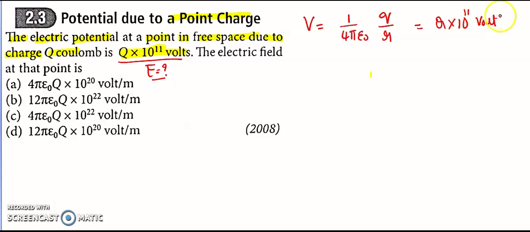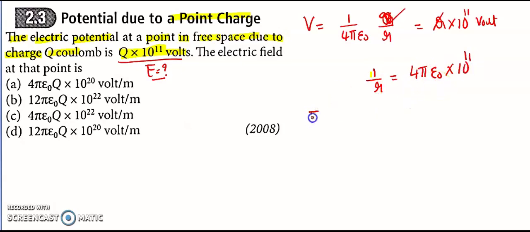So now Q gets cancelled, and 1 by R is equal to 4 pi epsilon naught into 10 to the power of 11.